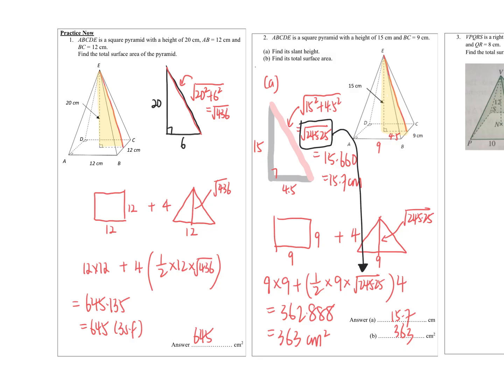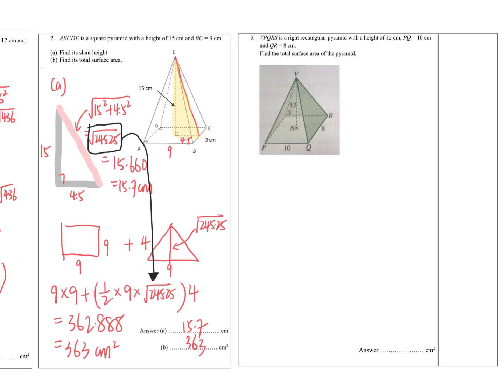Okay? Last one. This one has two different triangles to deal with. So the first height you need to find. This one is 5 square plus 12 square, square root. So you get 13. So this triangle here is 13.